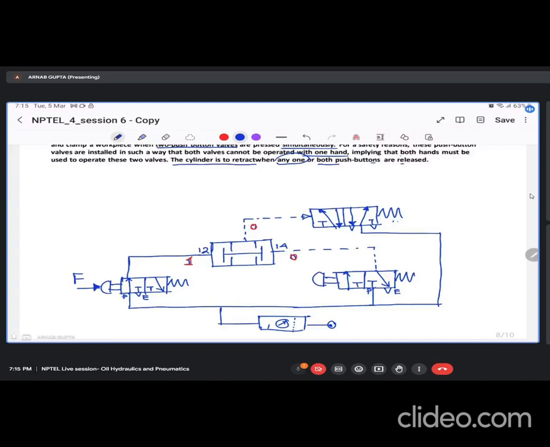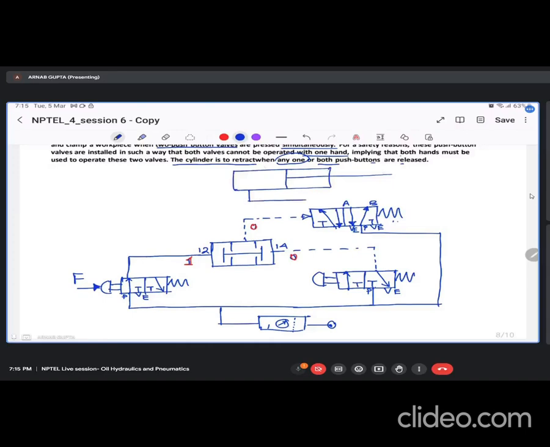We will show how that operates. So here, this is my P port. These two are exhaust ports. Here, P is connected to B, and A is connected to the exhaust port. So this is the retraction position. Why? Suppose this is your double acting cylinder. Double acting cylinder means on both sides of the piston you will have ports.